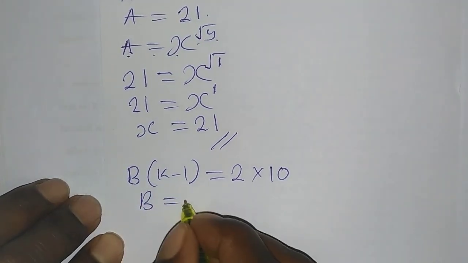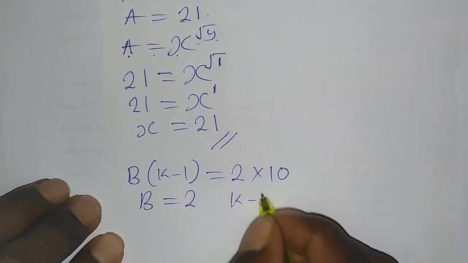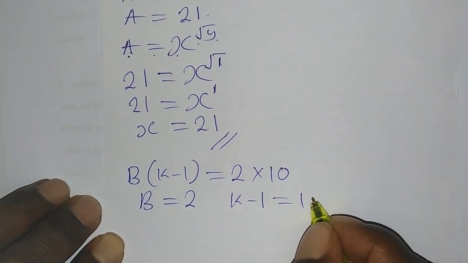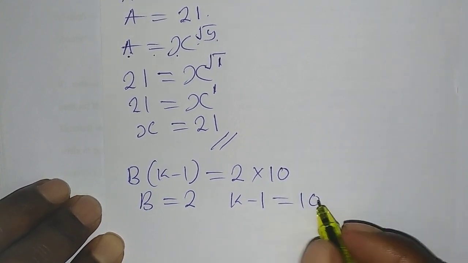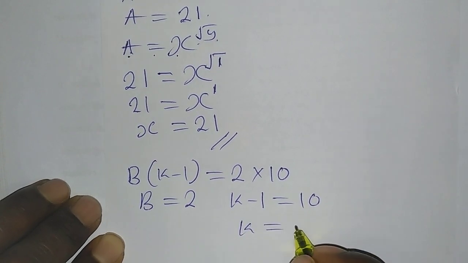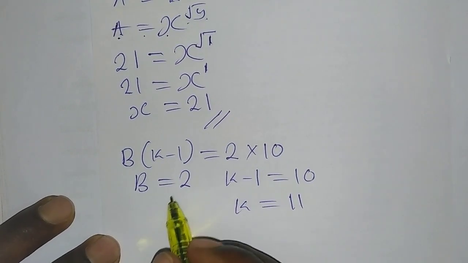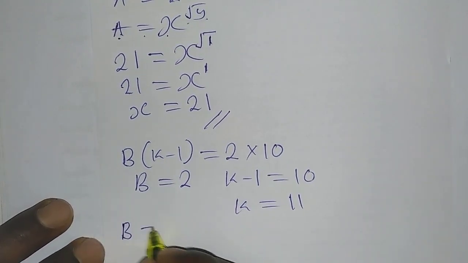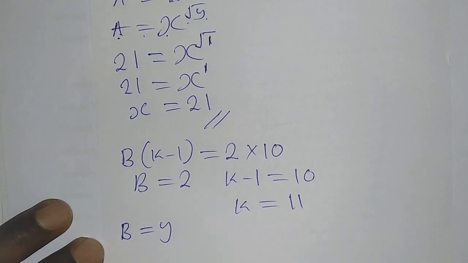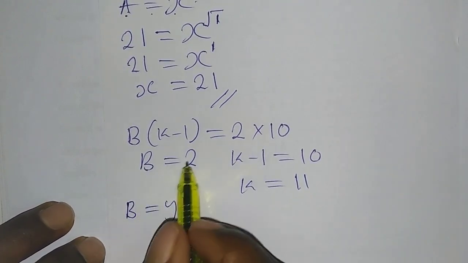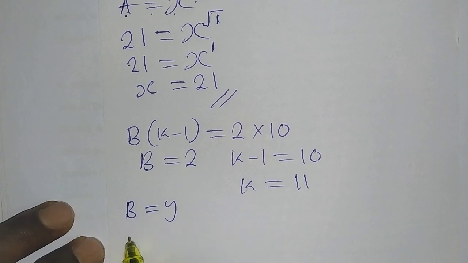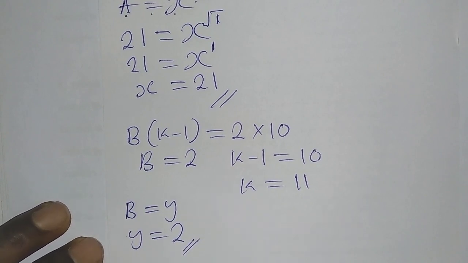Then we take b equal to 2 and k minus 1 equal to 10, which implies that k is equal to 11. But our b, we equate it with y, and b equal to 2. This implies that y is equal to 2. This is the second value of y.